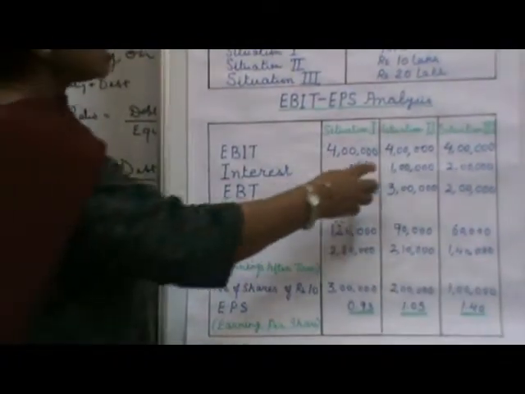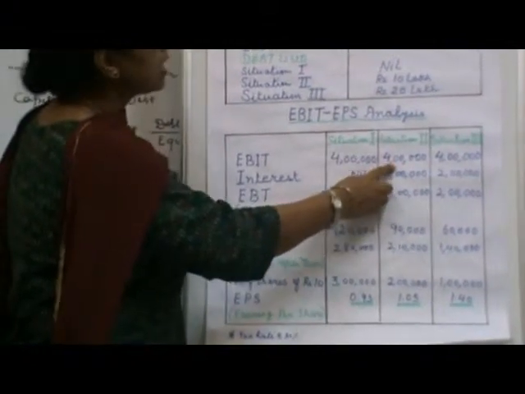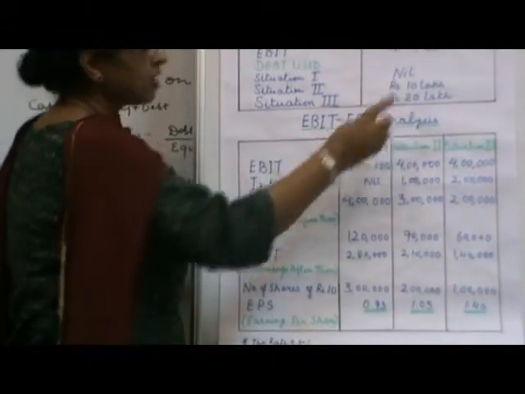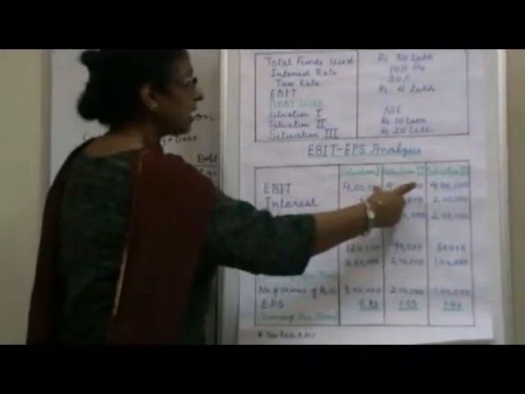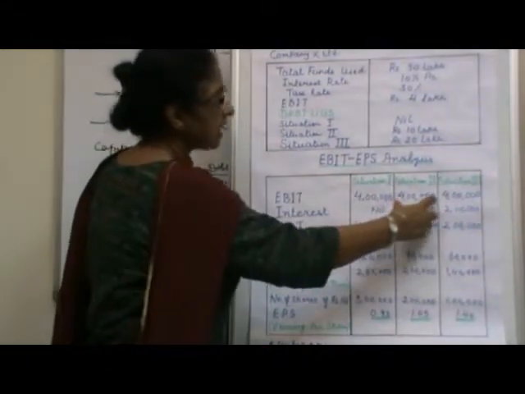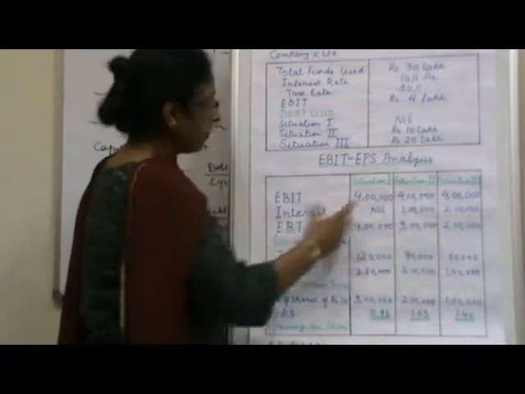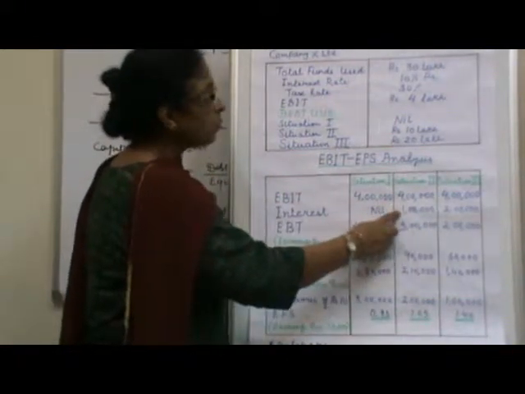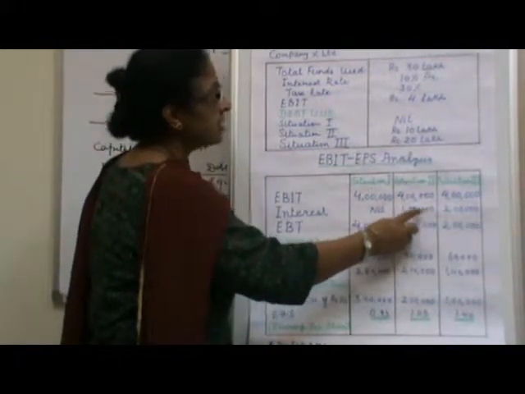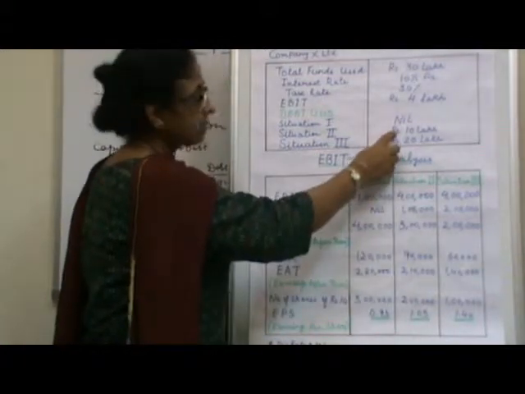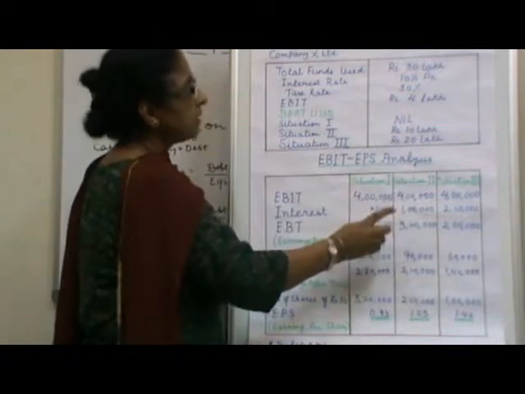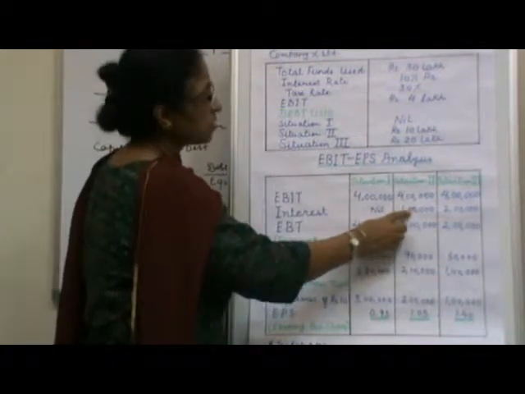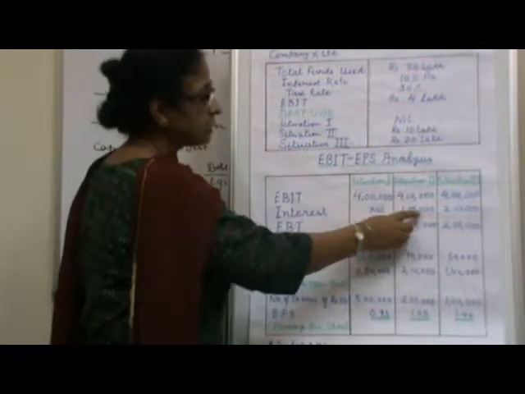In the second scenario, when we are employing 10 lakhs as debt and 20 lakhs as equity, our earning before interest and taxes remains the same. But in this case we are paying rupees 1 lakh as interest on 10 lakhs, at 10% rate of interest as the cost of outside funds.